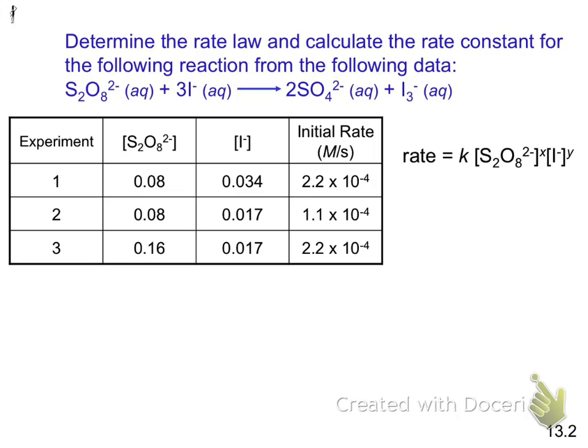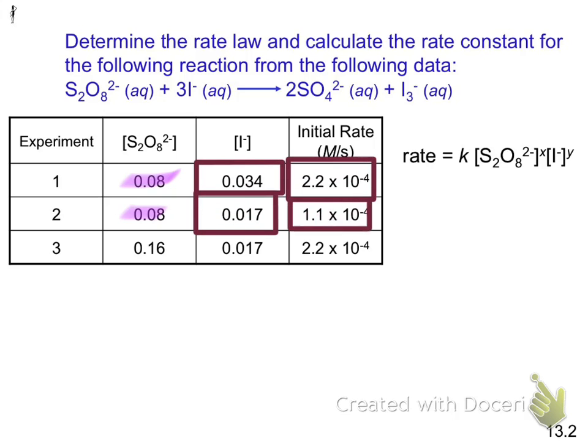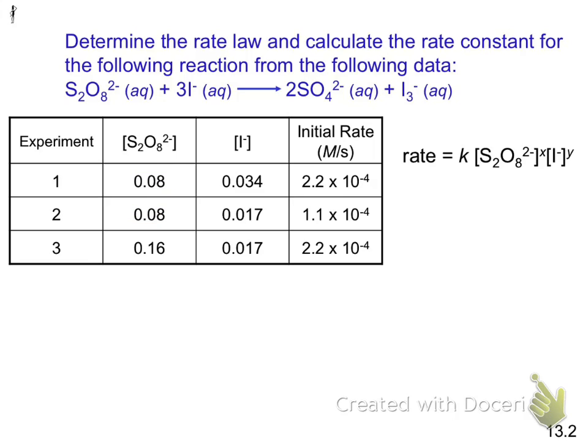Well, first of all, let's take a look at what happens when we hold S2O8 constant. And when we do that, we are actually halving, cutting the concentration of I in half. And what happens to our rate? It also cuts in half. So as it pertains to I, we have a first order. Now what happens when we keep I constant?